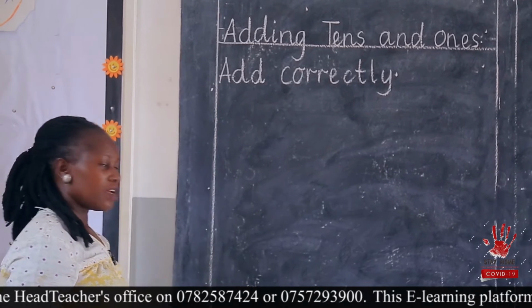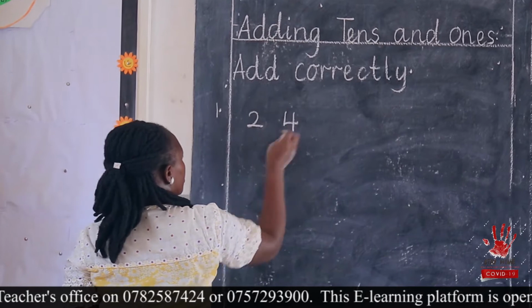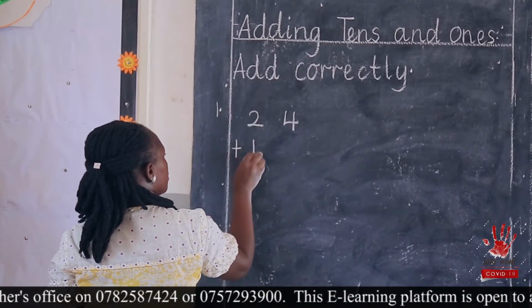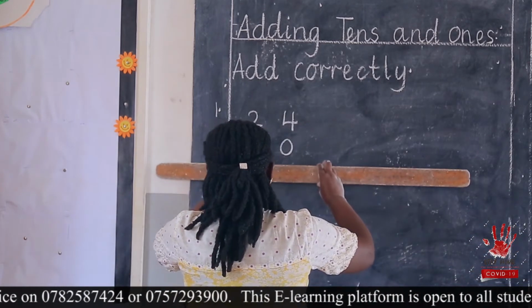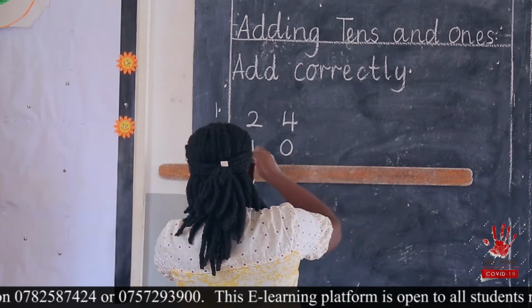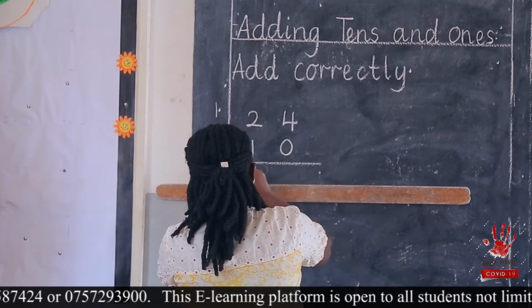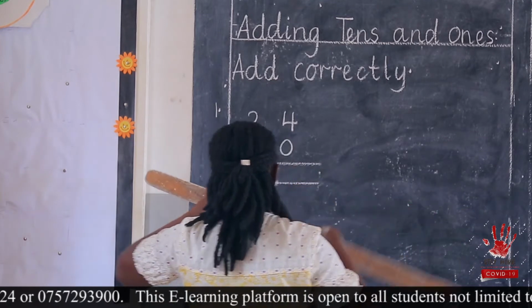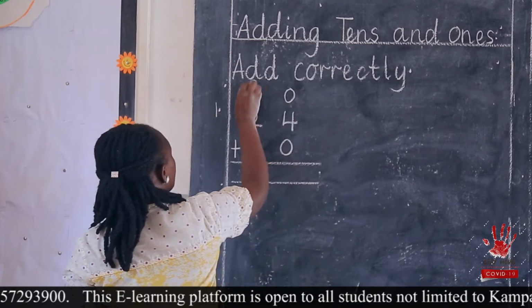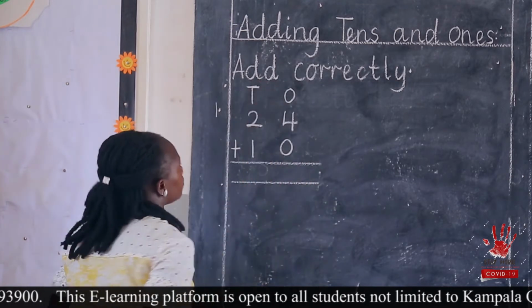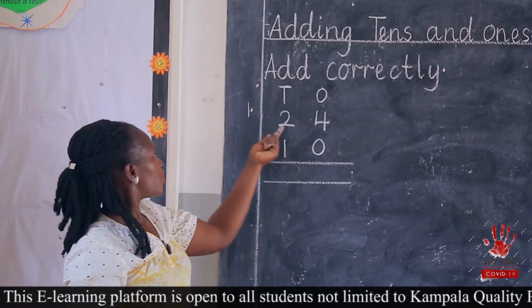My first example is here. You see? We are now adding big numbers. 24.